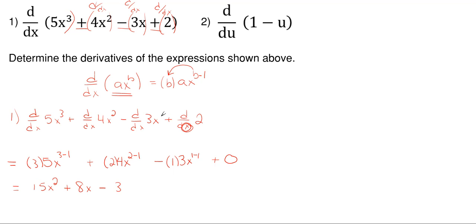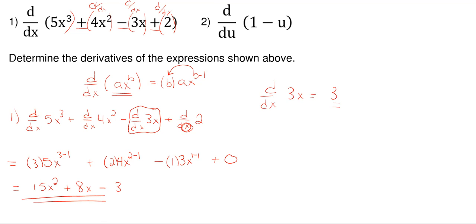So anytime that you have the derivative with respect to x of some number times your variable, you literally just drop the variable and it just remains the constant at the end. So this is our answer for the first expression.